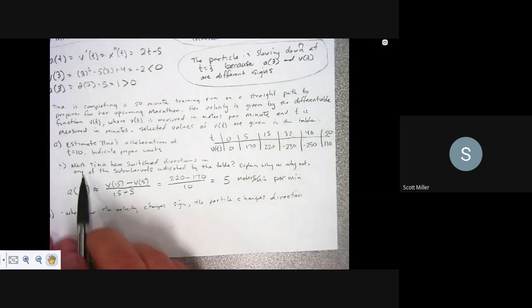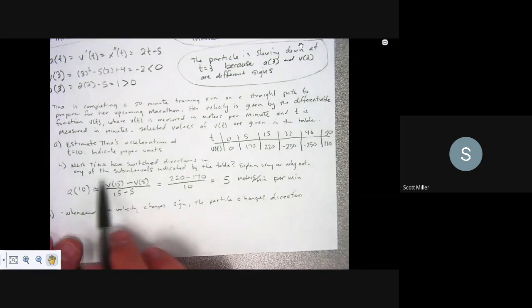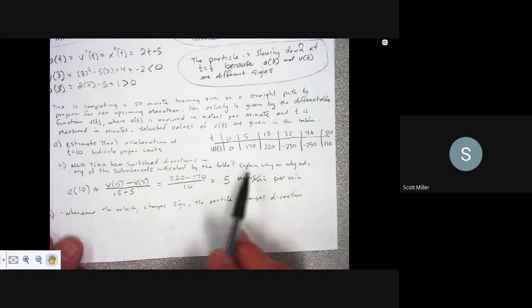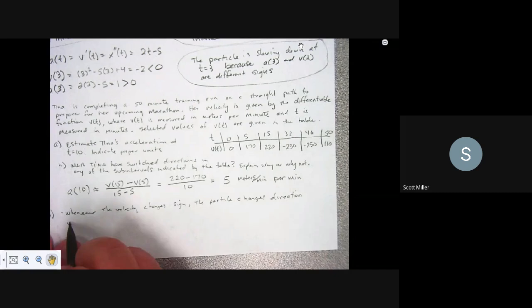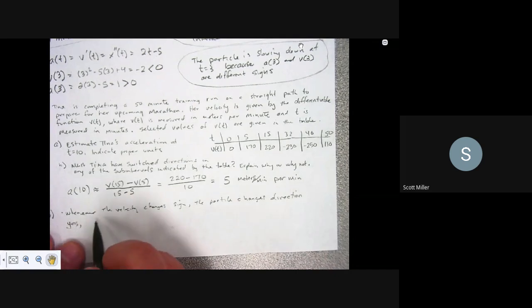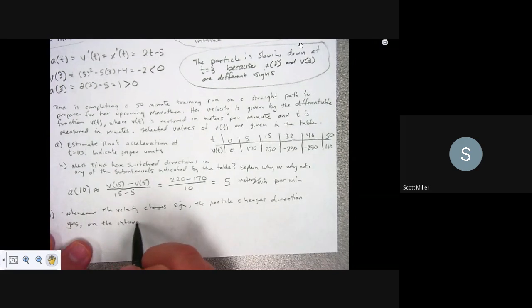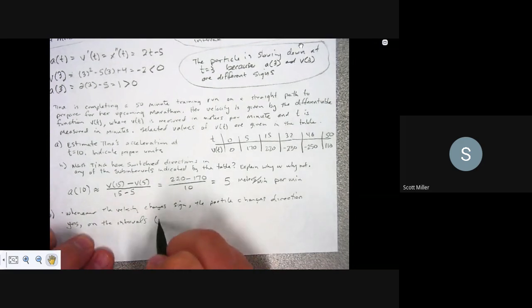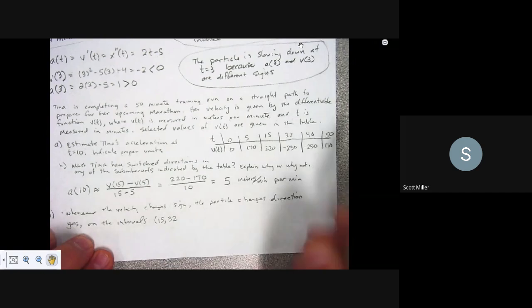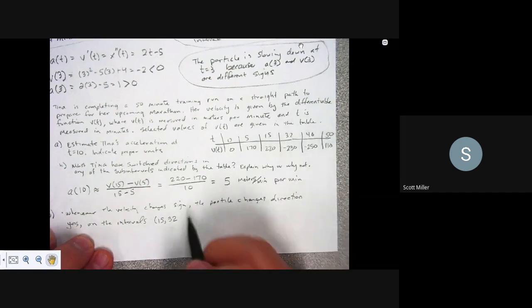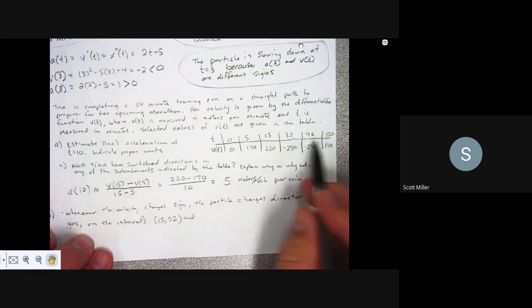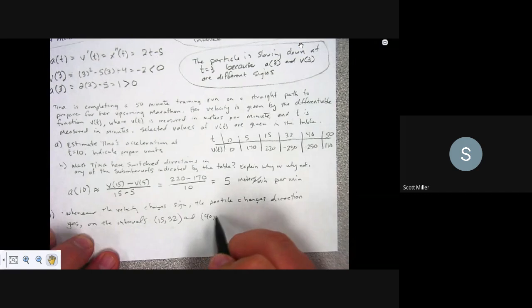So the question is, must Tina have switched directions in any of the subintervals indicated by the table? Explain why or why not. Answer, yes. And on the intervals 15 to 32, this interval, and that interval, 40 to 50.